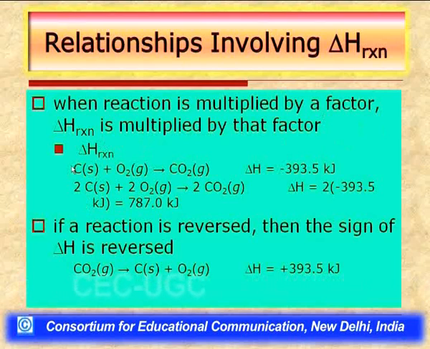For 1 mole of combination of carbon and oxygen, when 1 mole of carbon dioxide is produced, delta H is minus 393.5 kilojoule. If we multiply this reaction by 2, as 2 moles of carbon plus 2 moles of oxygen to 2 moles of carbon dioxide, then we also need to multiply the enthalpy for this reaction system by 2, and it will ultimately be equal to minus 787.0 kilojoule.